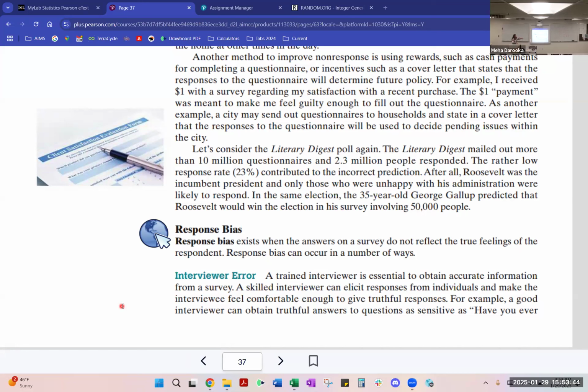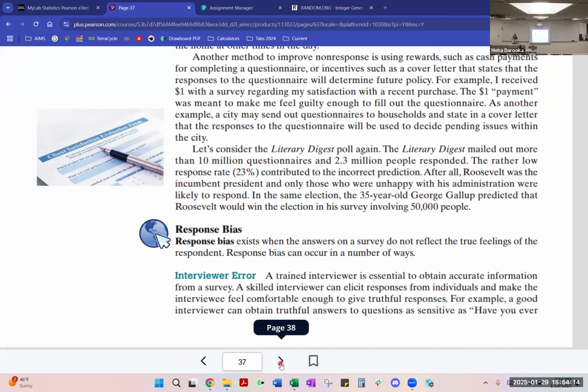Response bias, on the other end, will exist when answers on a survey do not reflect the true feelings of the respondent. And this can happen in a number of ways. So, interviewer error. A trained interviewer is essential to obtain accurate information. If it's a skilled interviewer, they can get responses from the individuals and make the interviewee feel comfortable to give truthful answers.